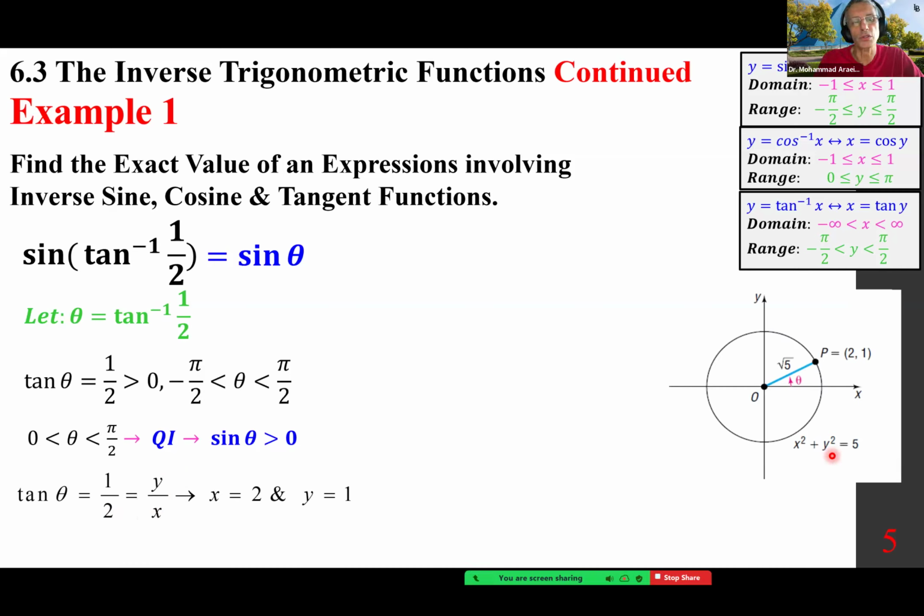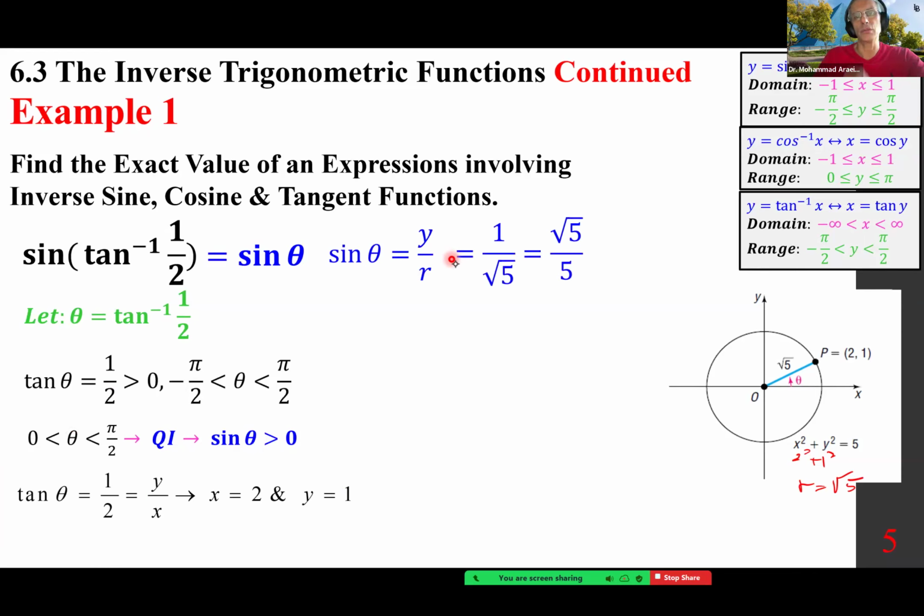That means 2 squared plus 1 squared is 5. And so r is square root of 5. So sine theta is y over r, and it makes it 1 over square root of 5.